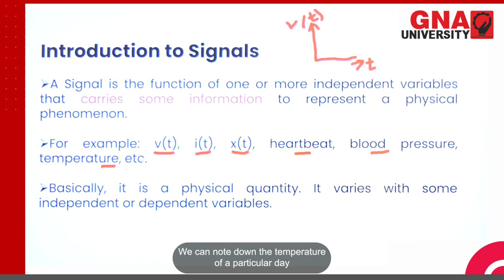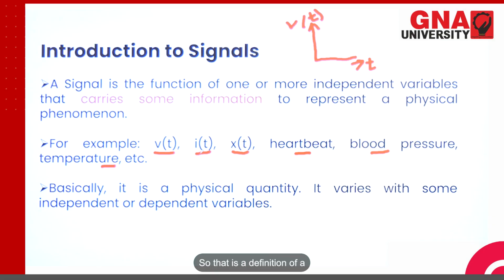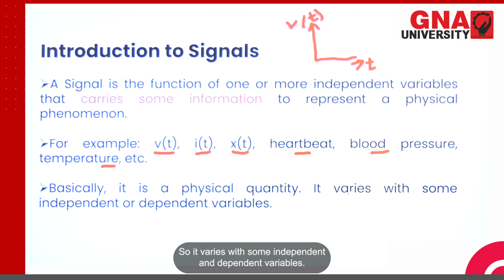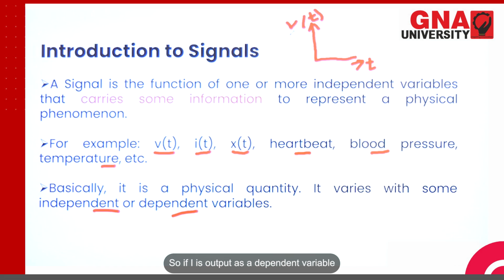We can note down the temperature of a particular day at a particular time and represent it in the form of a graph. So that is the definition and examples of a signal. It varies with independent and dependent variables: the y-axis output is the dependent variable and the x-axis input is the independent variable.